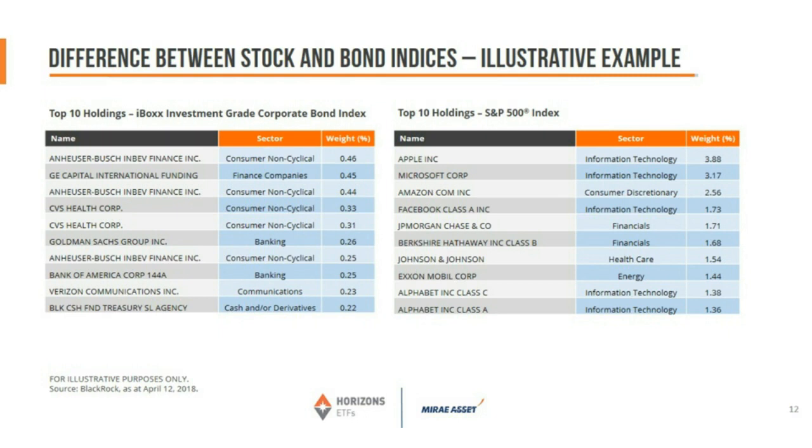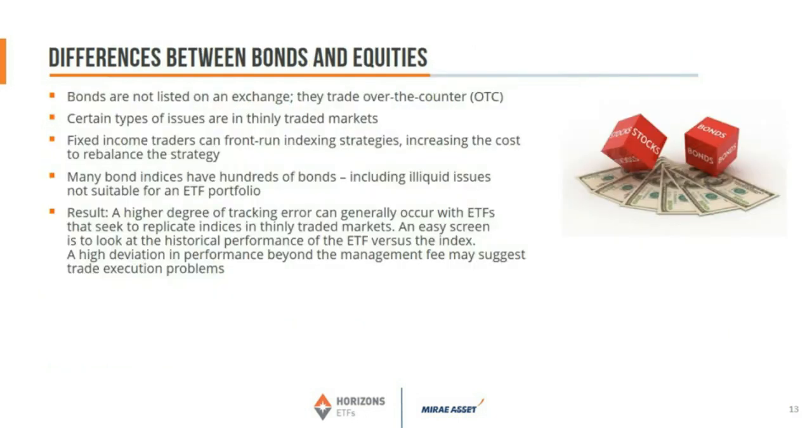And that said, just quickly with respect to bonds and equities, understanding that bonds trade over the counter, they're not very transparent from that perspective. There can be thinly traded markets on an overall basis. Fixed income investment management firms are professionals out there on an institutional basis.